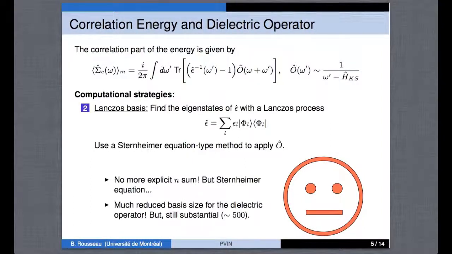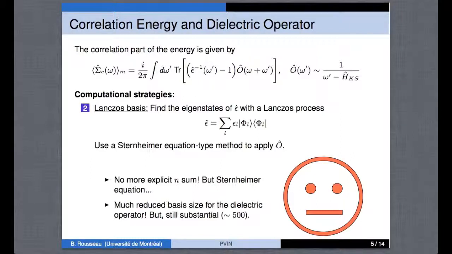So one does not need to know the operator itself a priori, just one needs to know how it acts on a state. And this actually we can do, and that allows us to take this trace not over conduction states, but on the eigenstates of the dielectric operator itself.